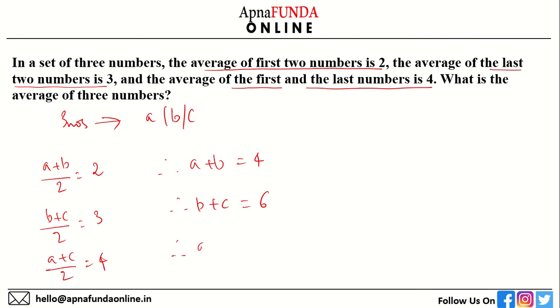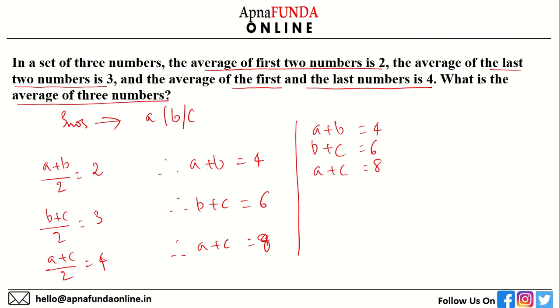So can I say A plus C is equal to 8? Now I've got these expressions: A plus B is 4, B plus C is 6, A plus C is 8. What I have to find is the average of A, B, C.